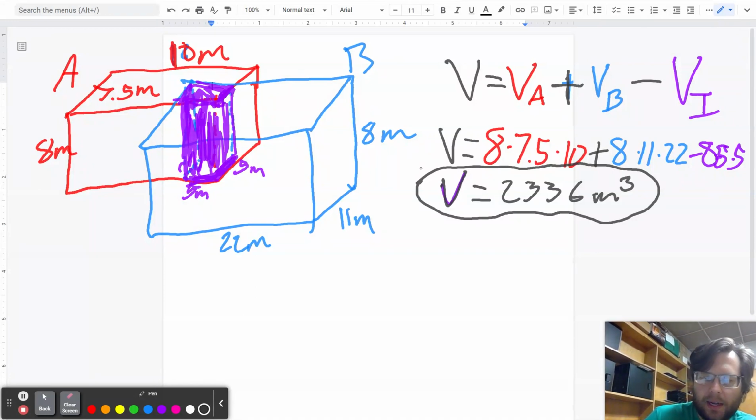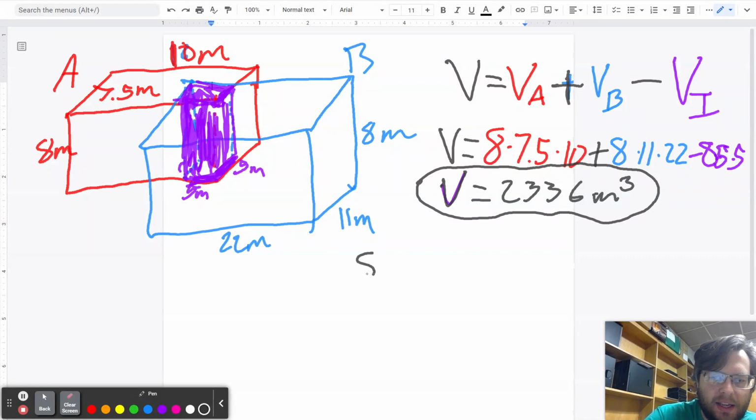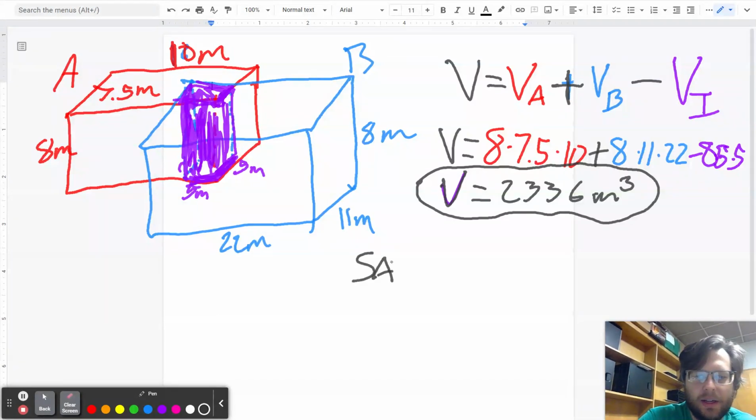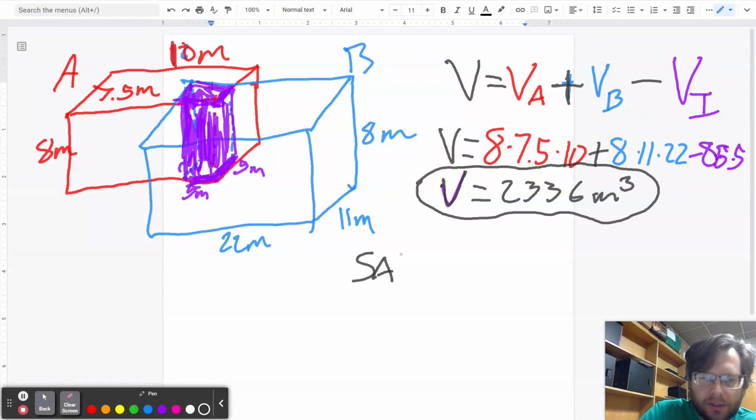So we can find the surface area by adding up similarly our surface areas and then subtracting the part there that is covered up, or we can try to find all of the different constituent pieces to it. So it's sort of a choice of how you want to do it. So what I'll do is break it up into different pieces.